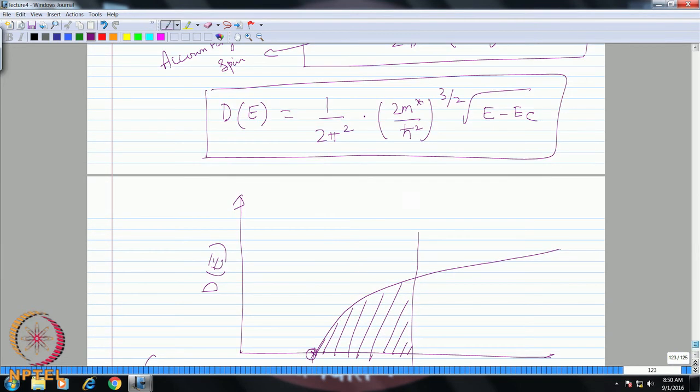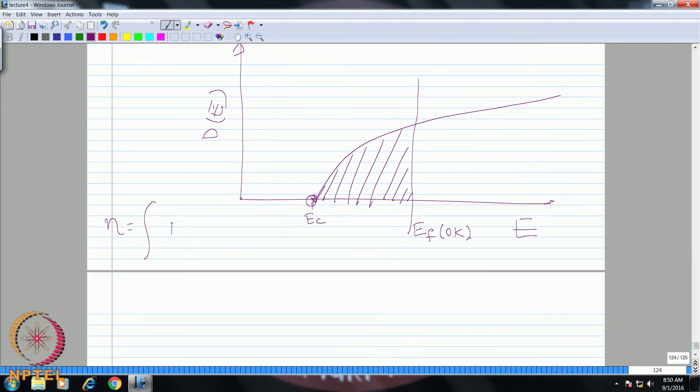Therefore, if you integrate D of E dE, this will give you the number of quantum states per unit volume of the crystal. Now I want this from the beginning of the conduction band at 0 Kelvin, how many quantum states are available to be filled.